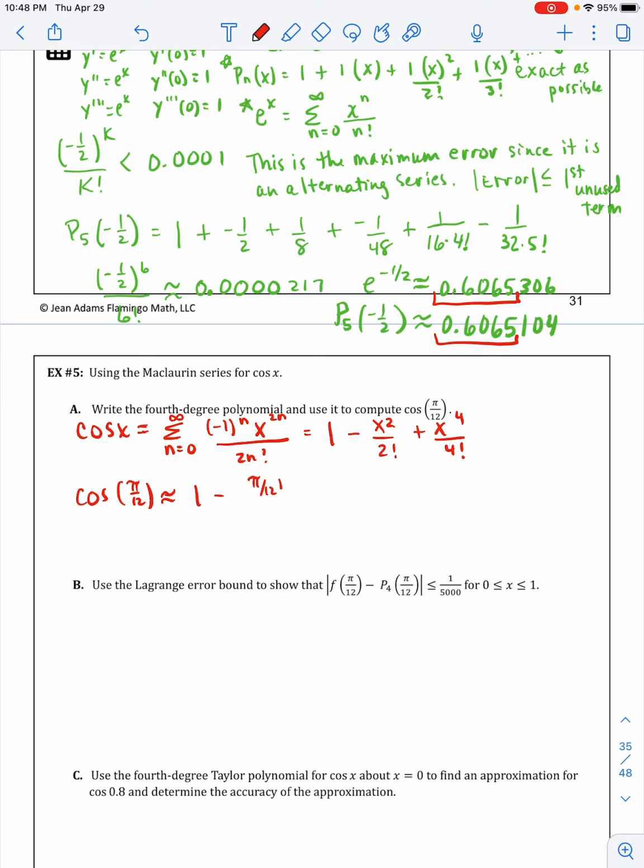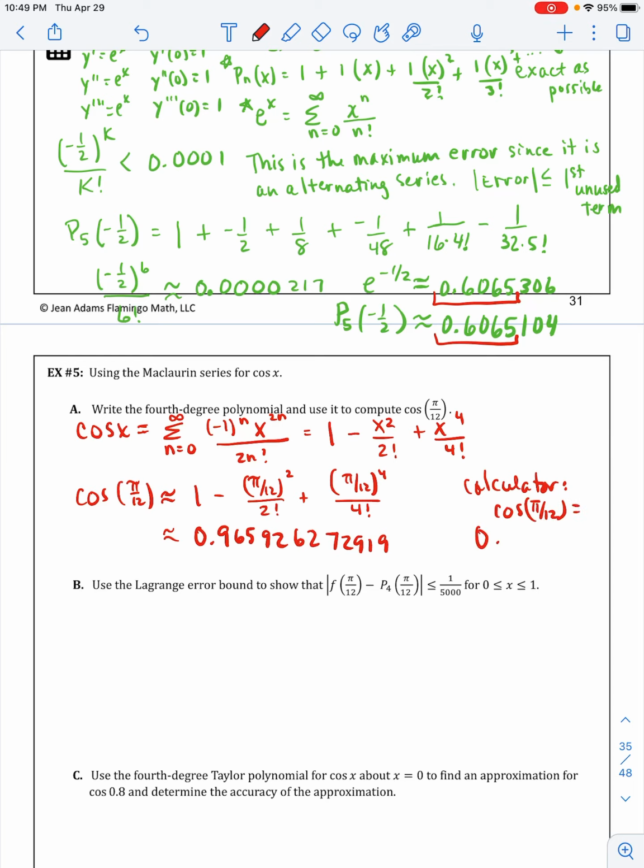And so we're going to say the cosine of pi over 12 is equivalent to 1 minus pi over 12 squared divided by 2 factorial plus pi over 12 to the 4th power divided by 4 factorial. And so if we put this in our calculator, this will give us 0.9659262729119, and yours might not go that far.